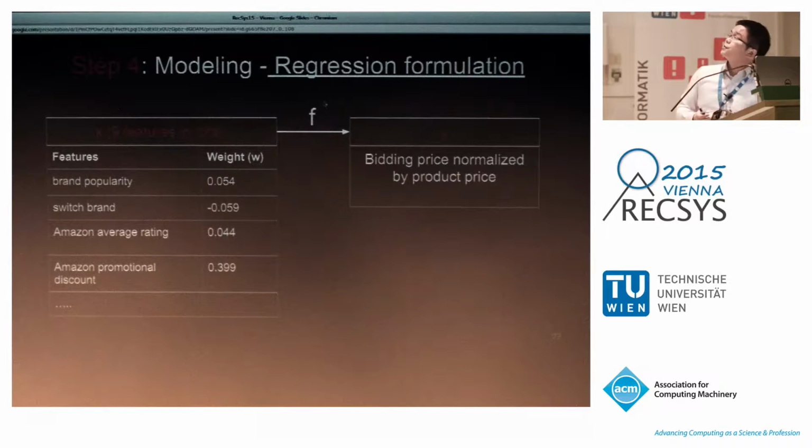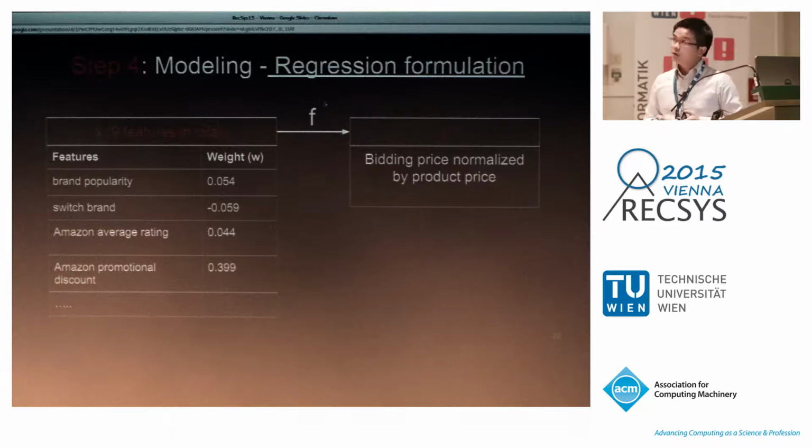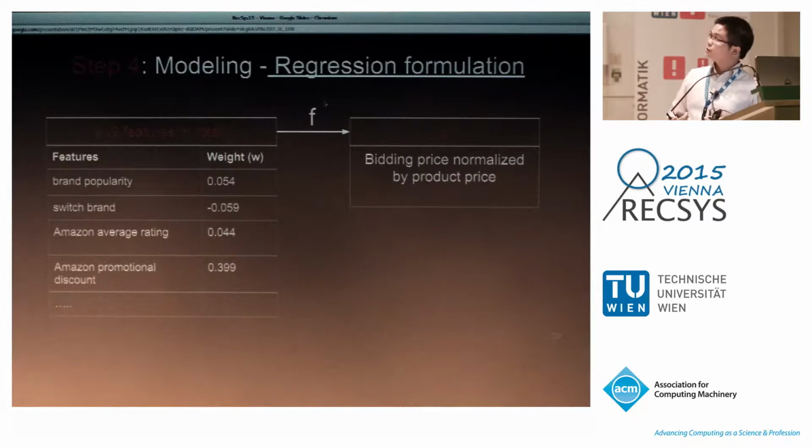So step 4. We have collected some bidding prices from the previous step, so now we're able to train a regression function. The input for the regression function is the features we extracted from the previous steps. Here we use 9 features in the paper, and I list the most influential ones here.